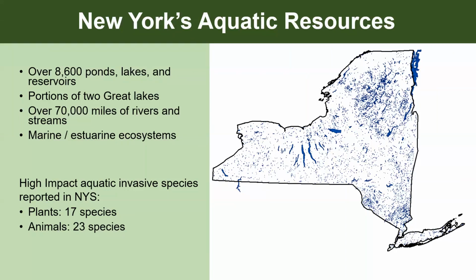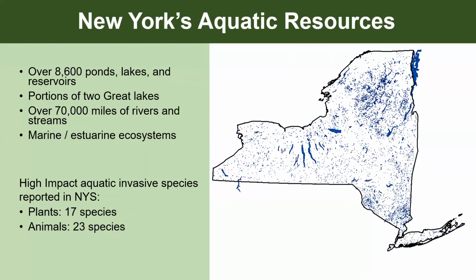And first, just pointing out that New York has a lot of aquatic resources, and it's something that weighs heavily on the minds of many of our invasive species managers or natural resource managers in general across the state. We are protecting our aquatic resources, and there are quite a few invasive species that are threatening those aquatic resources.